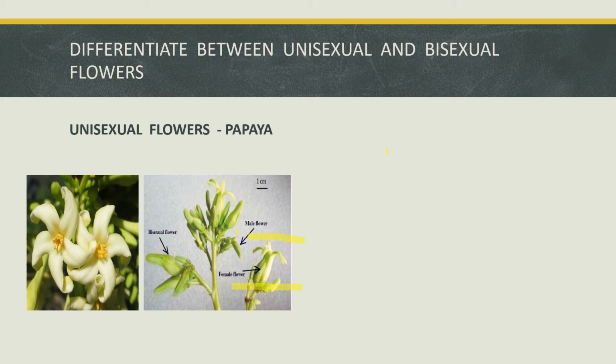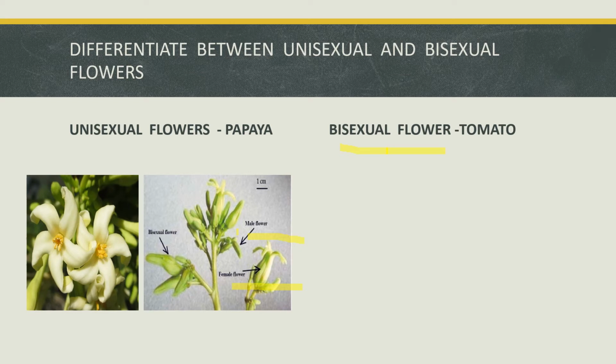Now, what do you mean by bisexual flowers? Bisexual flowers are flowers that contain both the reproductive parts, that is, stamen as well as pistil. Examples of bisexual flowers are tomato, hibiscus, brinjal, mustard.